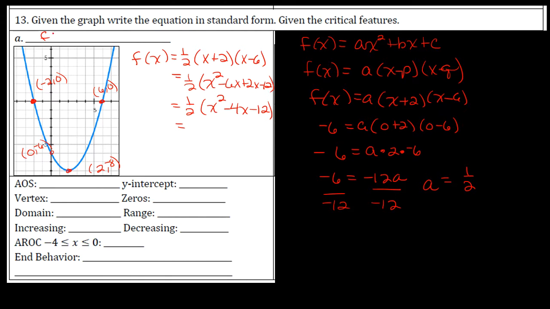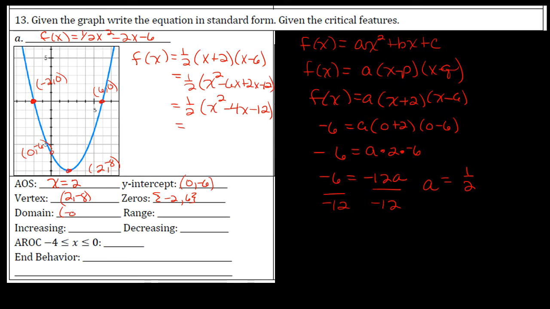So I'll write my final equation up here: 1/2 x squared minus 2x minus 6. My AOS is x equals the x part of my vertex, x equals 2. My y-intercept is 0, negative 6. My vertex was 2, negative 8. My zeros are negative 2 and 6.